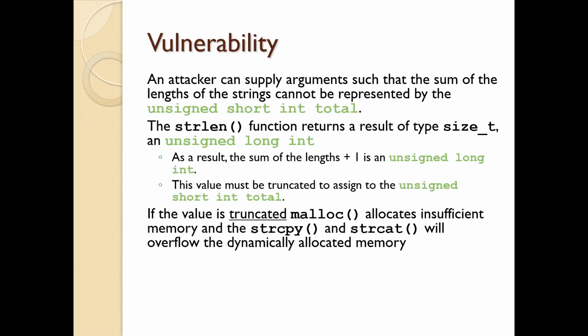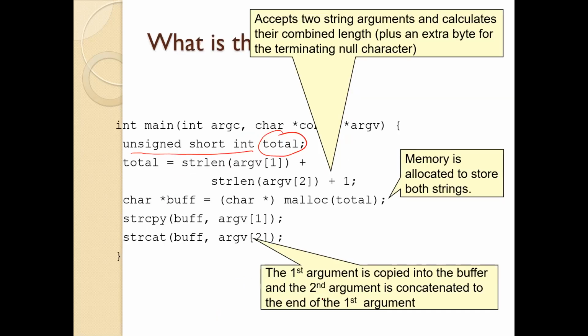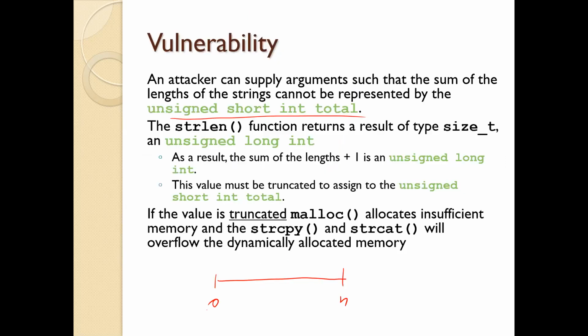So the vulnerability is that an attacker can supply arguments such that the sum of the lengths of the strings cannot be represented by the unsigned short int total. It's unsigned, so it goes up to some value, but when you calculate the lengths dynamically, the sum could fall outside that range.